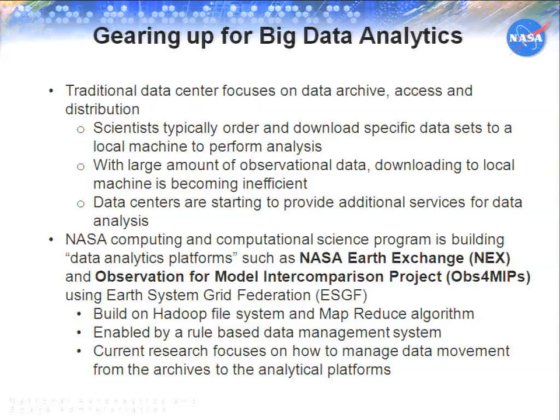And also, we are working on a project called Observable MIPS. It's an observation for model intercomparison project. It's based on the Earth System Grid Federation, ESGF, and it's built on top of a Hadoop file system using the MapReduce algorithm.